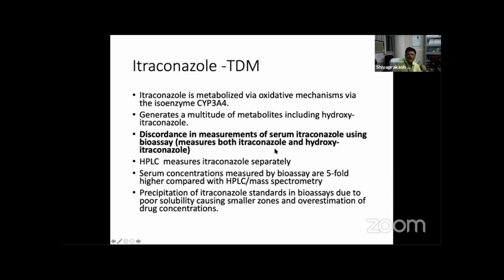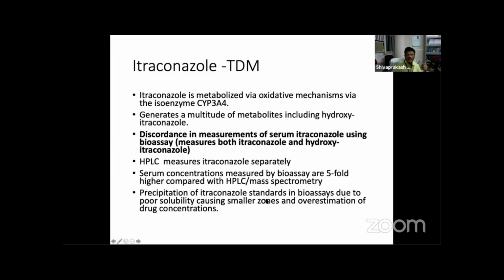The main itraconazole level is the one which is very important. Because of that, bioassay may not be useful for this one. It will generally give about 5-fold higher value compared to HPLC or mass spectrometry. So that's why bioassay may not be of much use in this particular situation.